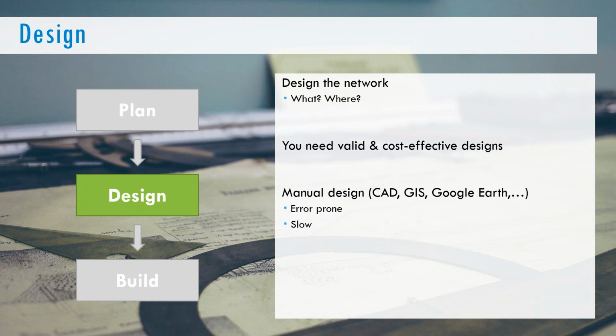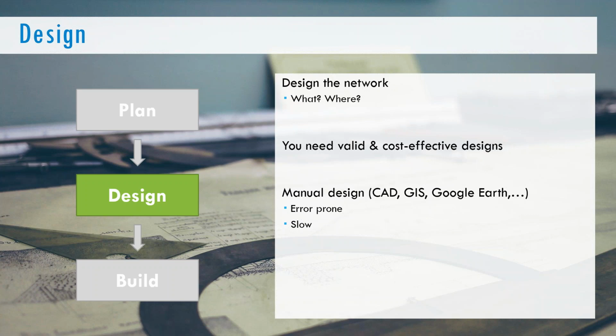Now, you can go to a manual way of working using CAD systems, using a GIS system, or drawing in Google Earth. You can draw your network design, your high-level design, but what we see is that it's easy to introduce errors in this process. So sometimes the rules, the design guidelines are not followed to the letter.